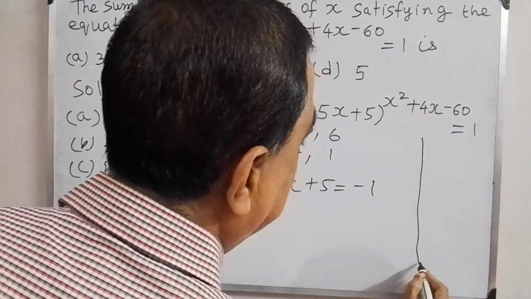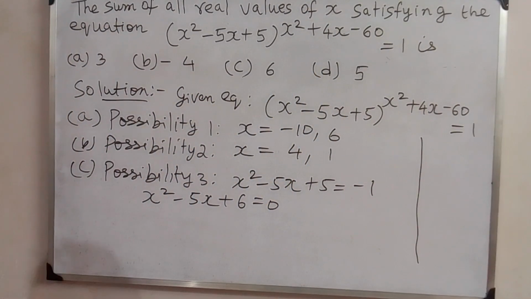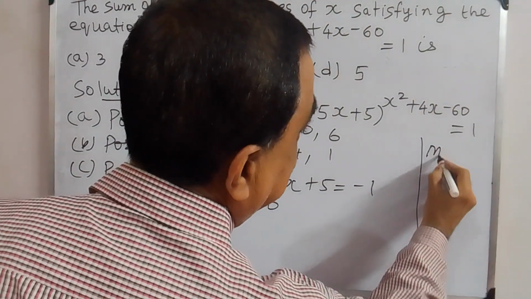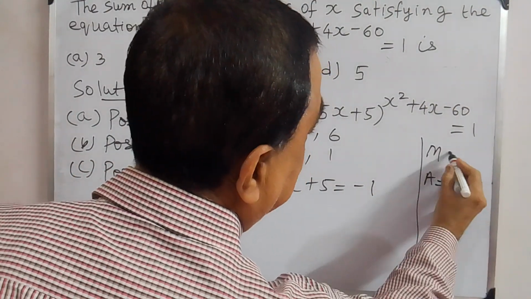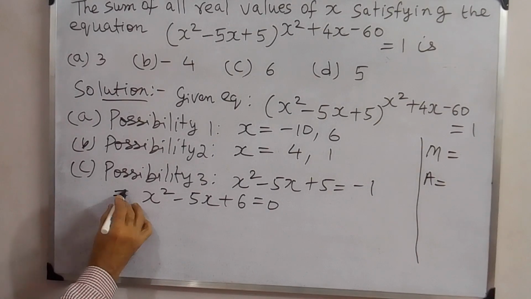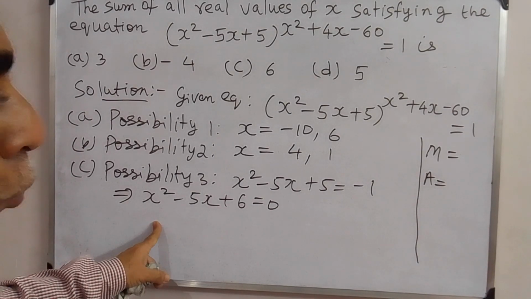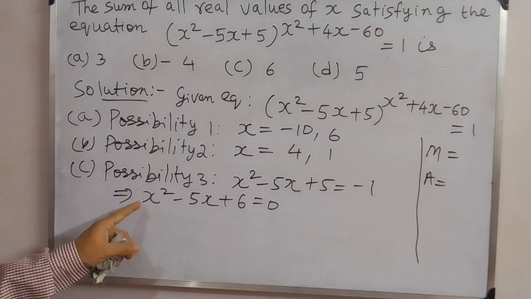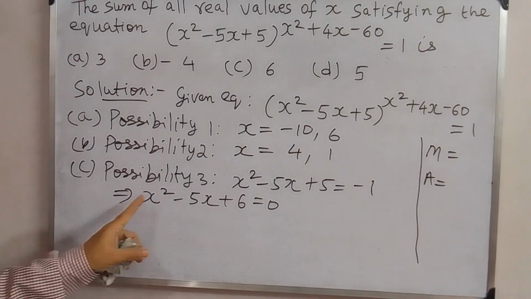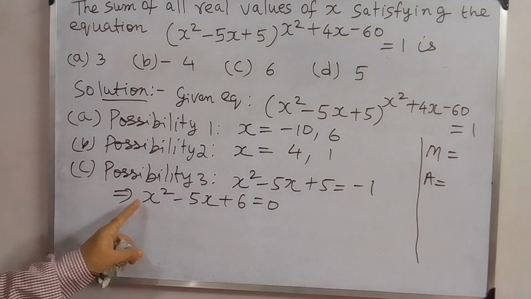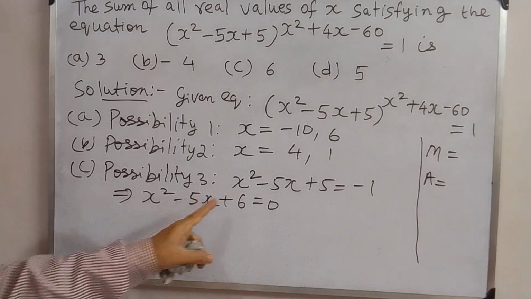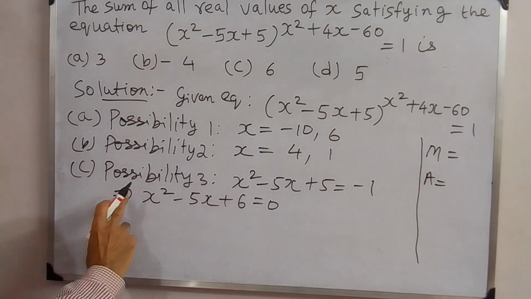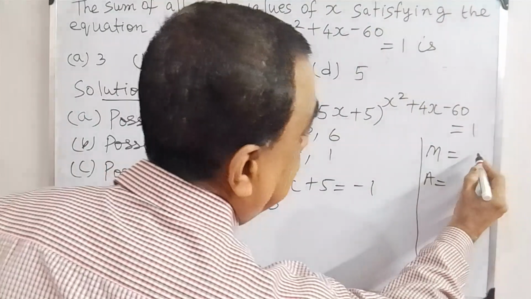So we will solve this quadratic equation and find the values of x. For this we do a rough work. Here we write multiplication and addition for breaking the middle term into two terms. For multiplication, we write the product of the x squared coefficient and the constant term. The x squared coefficient is 1 and the constant term is plus 6, so plus 1 into plus 6 is plus 6.